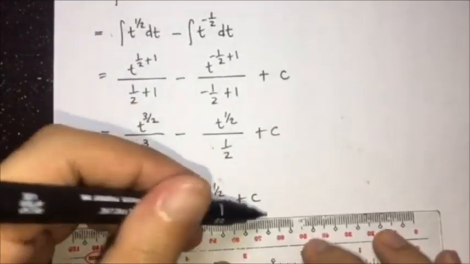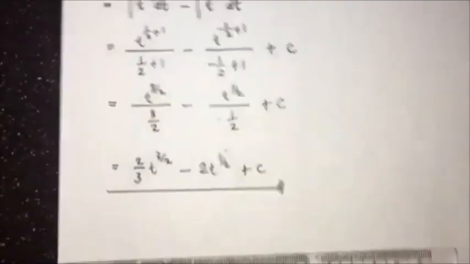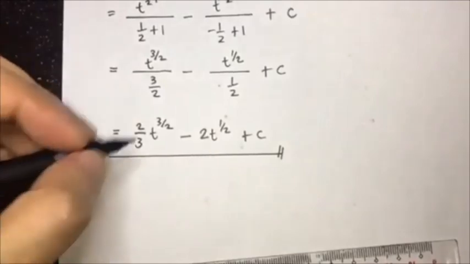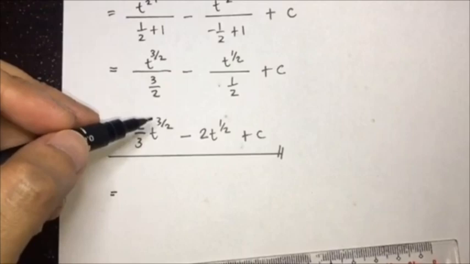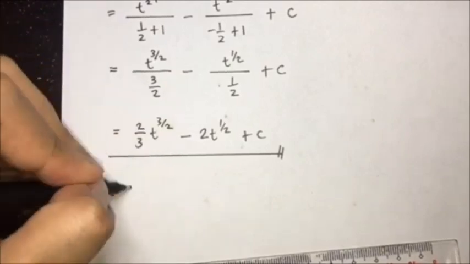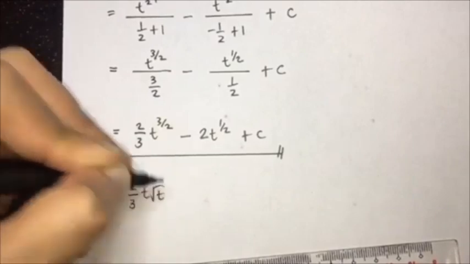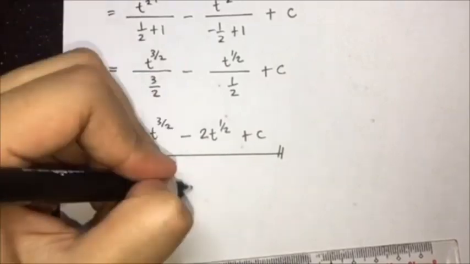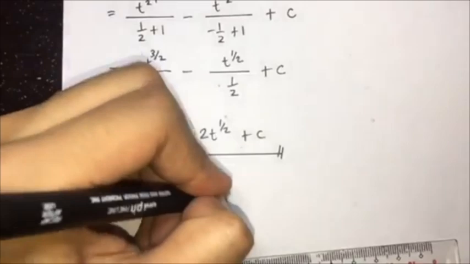Okay, so this is an acceptable form of the final answer already, or you can express it back into radical form. So t raised to 3 halves, that is t times t raised to 1 half, so that is 2/3 t square root of t minus 2 square root of t plus c.